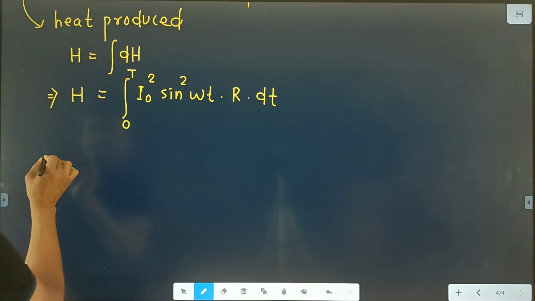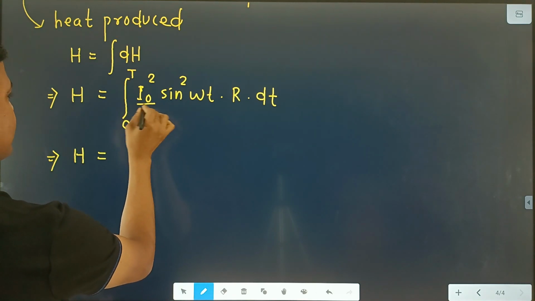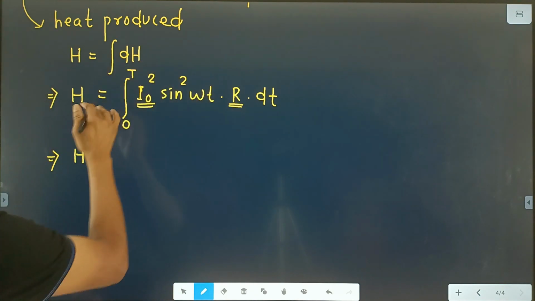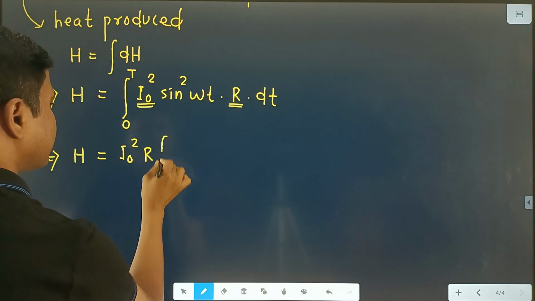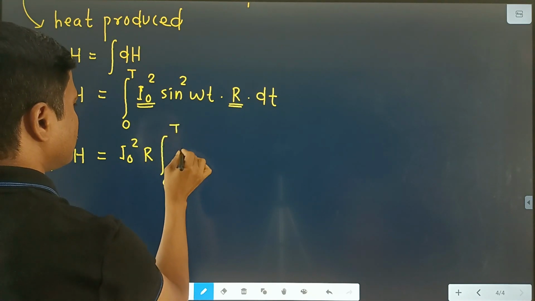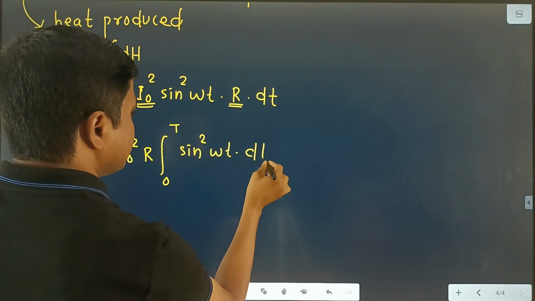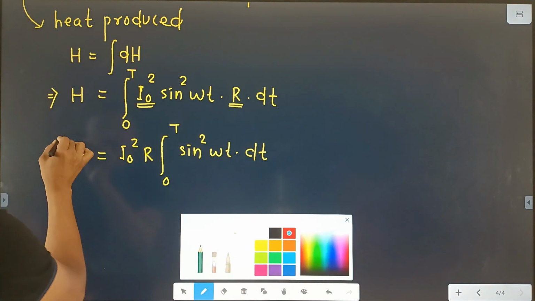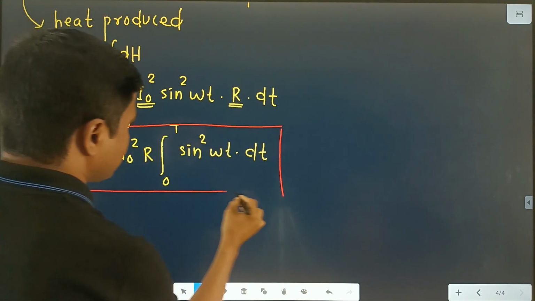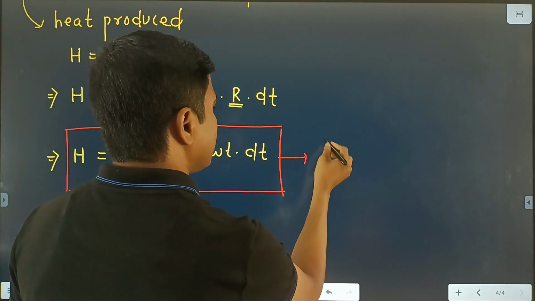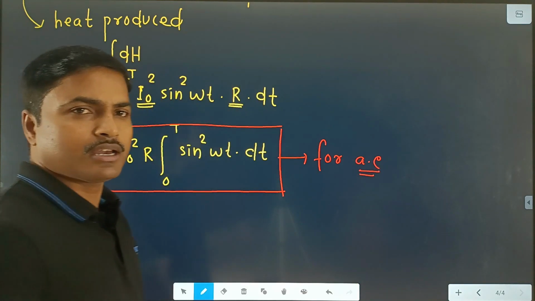That implies finally, heat produced when alternating current is there, we take I0 square and R out of the integration, so the equation becomes I0 square R integration from 0 to T of sin square omega t dt. This is the expression for heat produced for AC or alternating current.